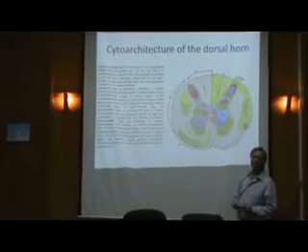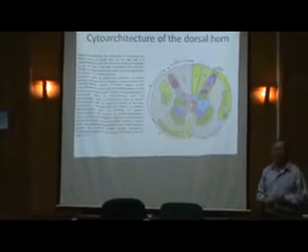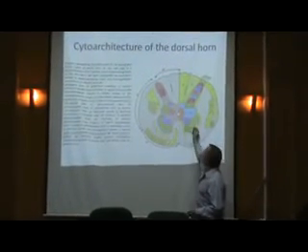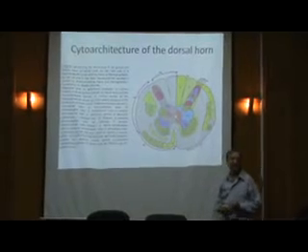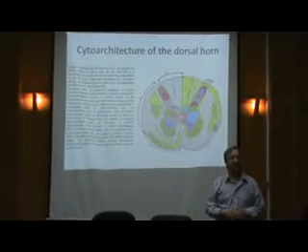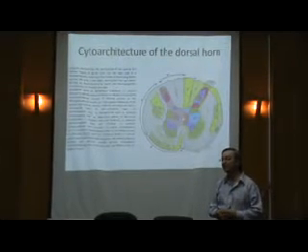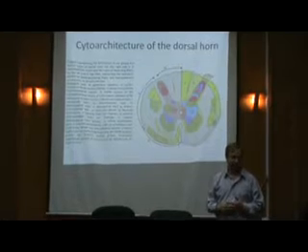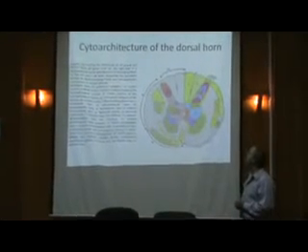The ventral horn is for motor systems. And the intermediolateral area is for sympathetic innervation, for sympathetic control. These are the preganglionic neurons.